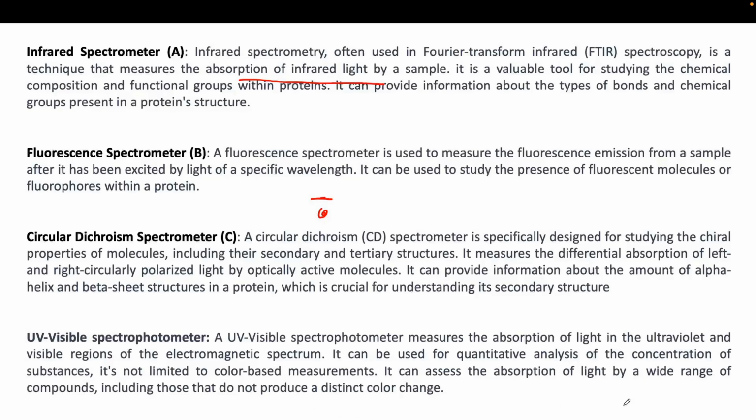It is used for quantitative analysis of the concentration of a substance, and it is not limited to color-based measurement. It can measure the absorption of light by a wide range of compounds, including those that do not produce a distinct color change.